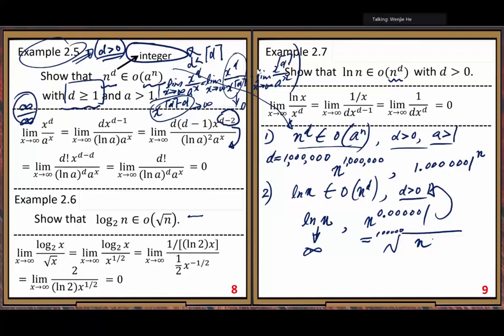Based on intuition, 1 millionth root, you may feel that's not very large. After you take the 1 millionth root, it may not be that large. So how do you get an idea which function eventually will be larger?